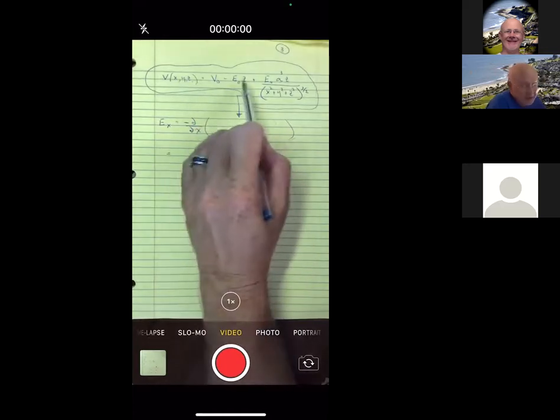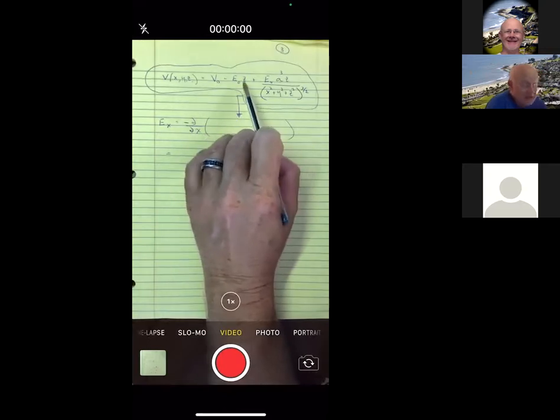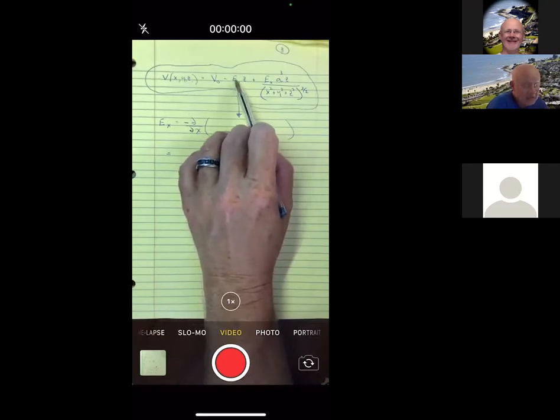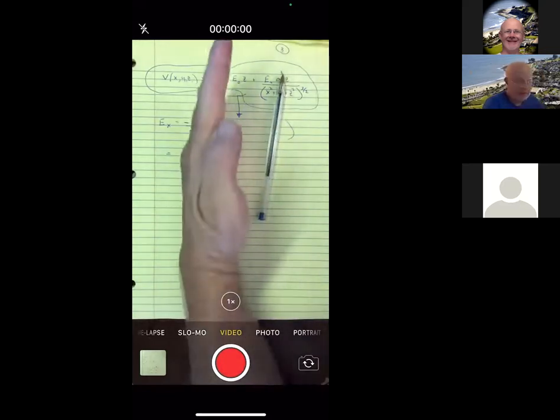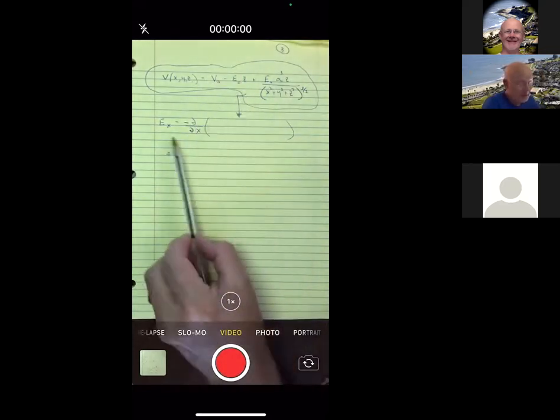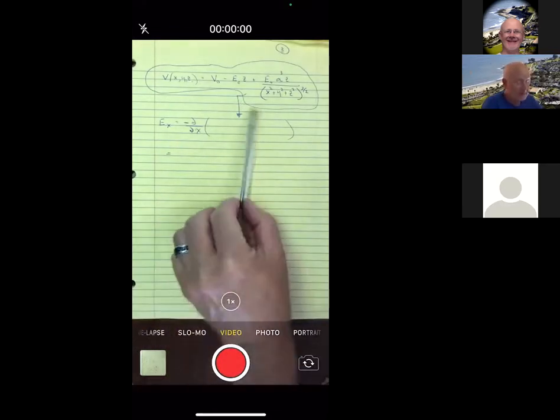So if I look at these 3 terms, the first one does not have an X in it. So that would be a 0 when I took its derivative. The second one does not have an X in it. I'll treat it as a constant. Now it changes with the vertical position. So if we were moving vertically in the Z direction, there would be some kind of field there. But as far as this way, there's no variation.